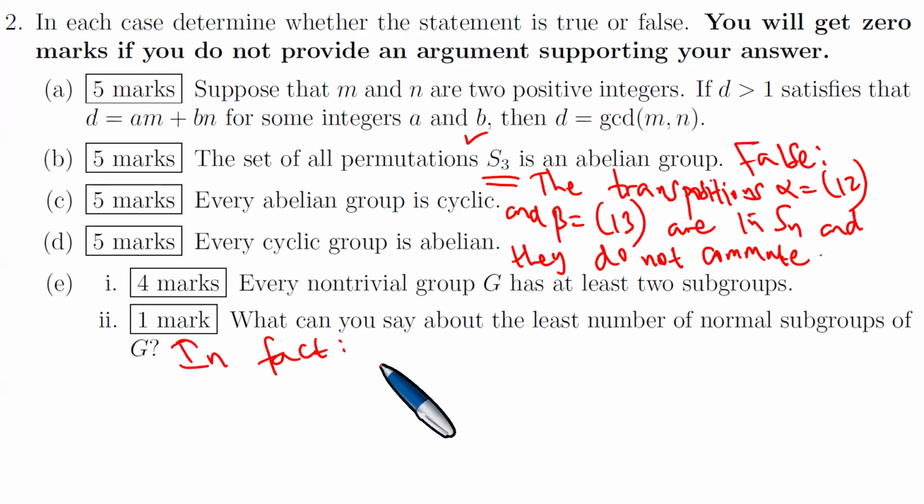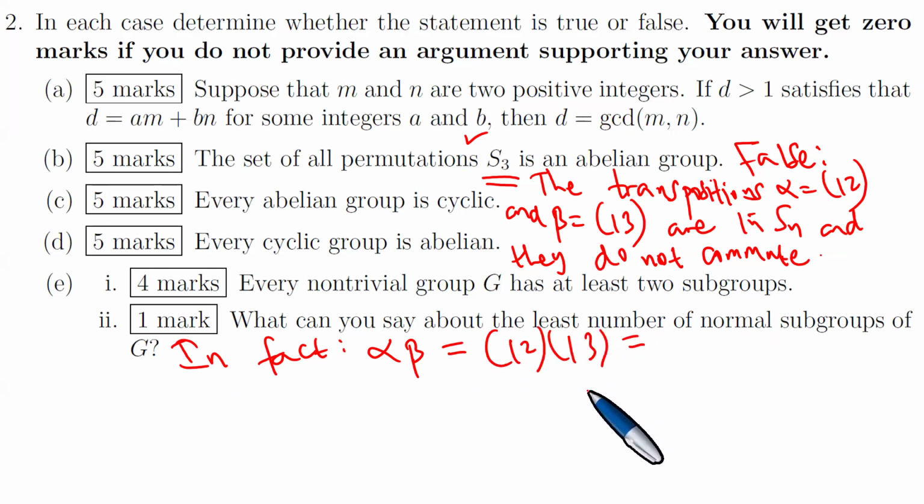In fact, if you look at alpha beta, alpha is (1 2) and beta is (1 3). Each one of these starts with 1.